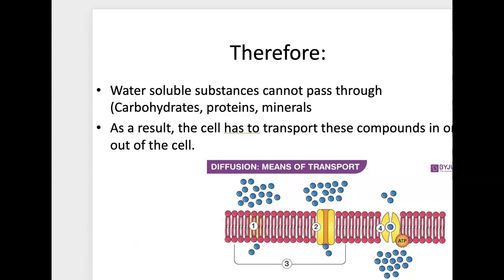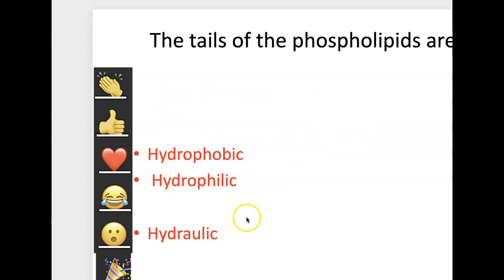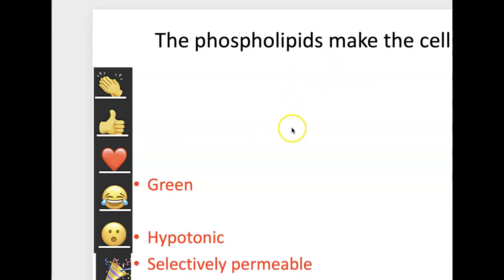Thank you. For the questions, the heads of the phospholipids face the inside and outside of the cell and are attracted to water. Therefore, it is all of the above. The tails of the phospholipids are hydrophobic. The phospholipids make the cell selectively permeable.